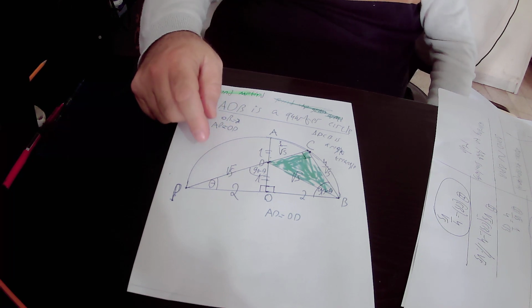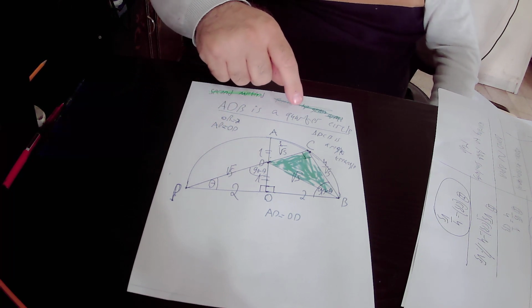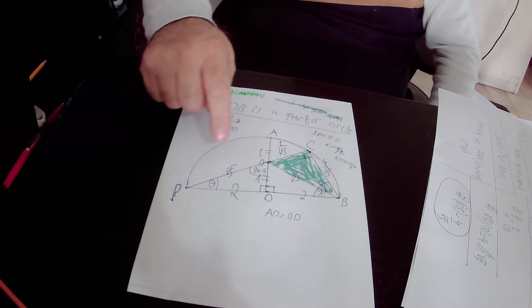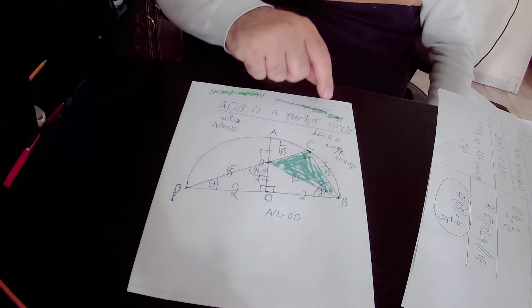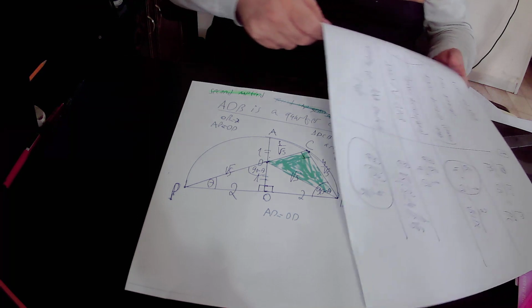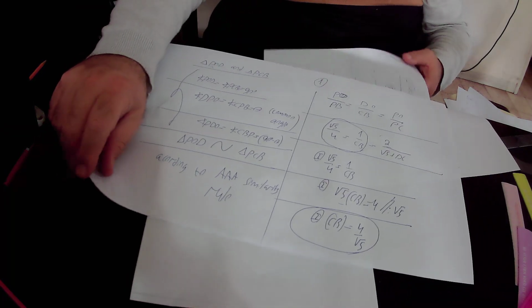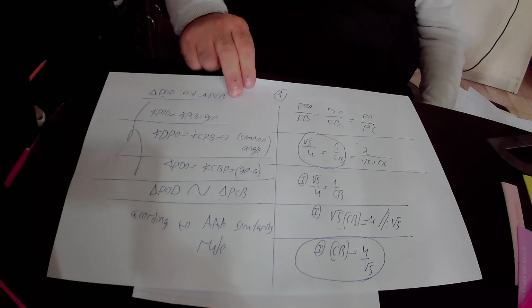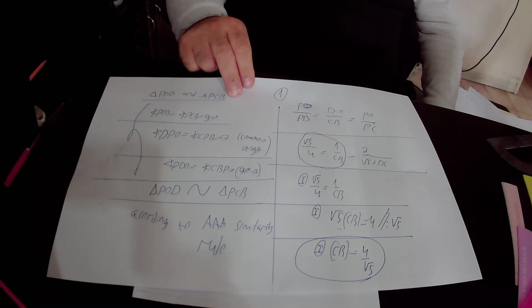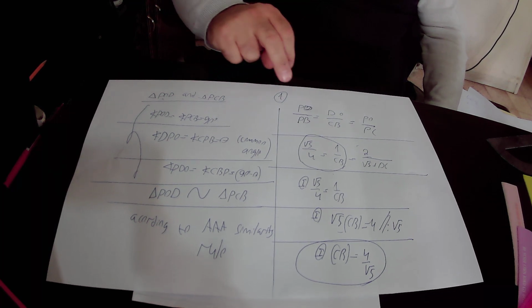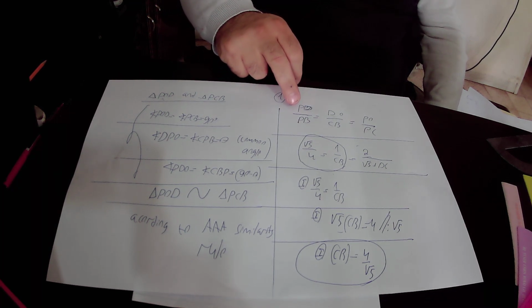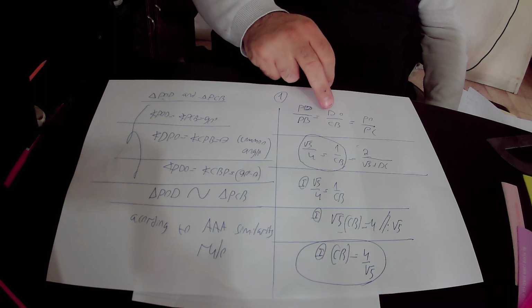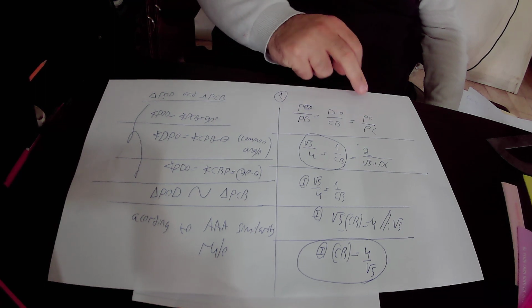So we found out that all three angles on the right triangle PCB are equal to all three angles on the right triangle POD, therefore those two right triangles are similar according to the angle similarity rule. And from the fact that those two right triangles are similar to each other, we conclude that PD over PB equals DO over CB, that is equal to PO over PC.